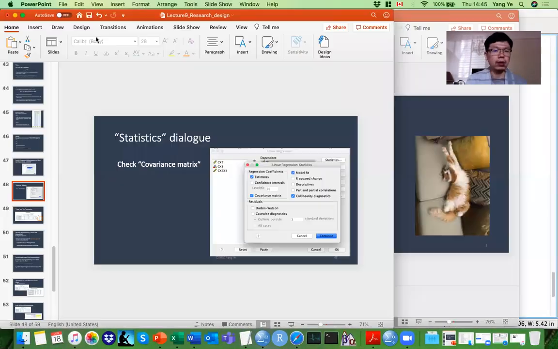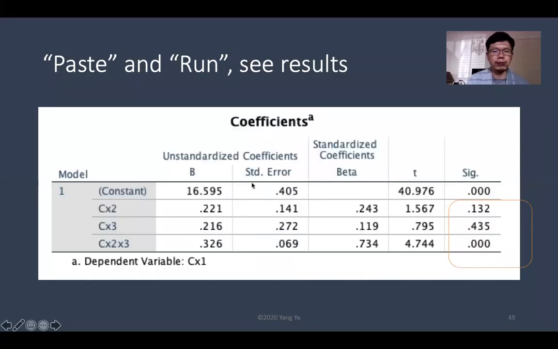If that's the case, here I'm just showing you the single model results. If that's the case, you can say that there's a moderation effect of either x2 on x3 or x3 on x2, depending on your direction of interpretation.